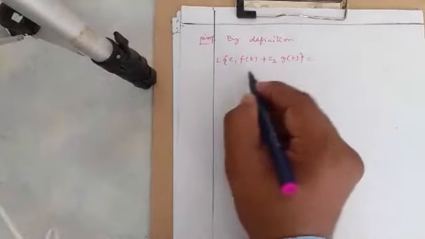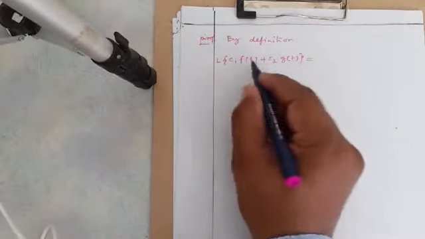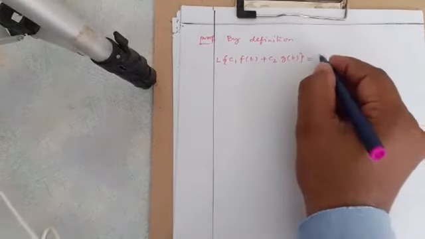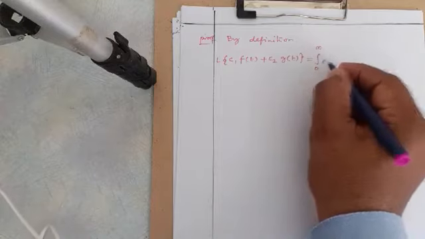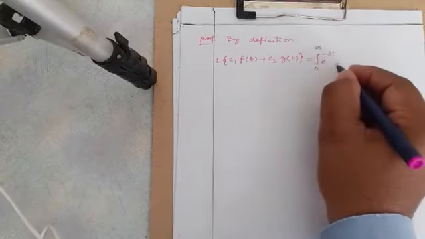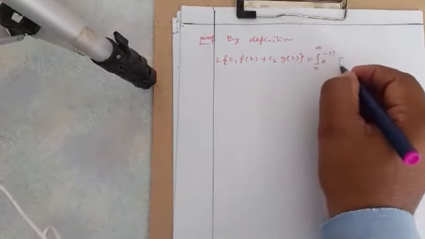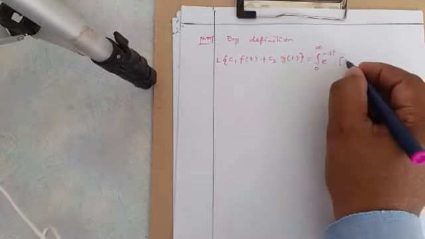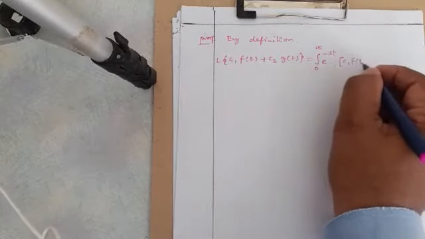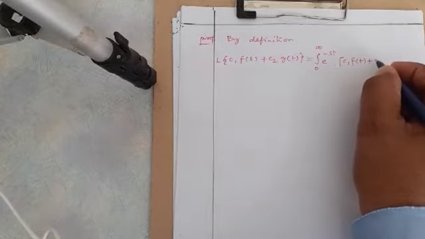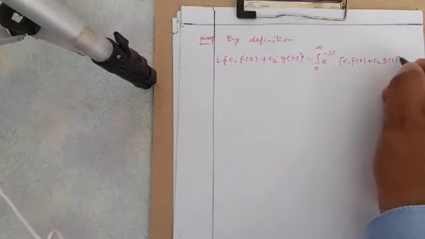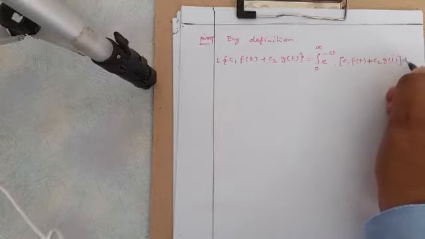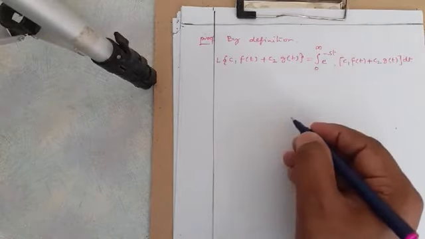Now here this total term is considered as f of t. So we write integral 0 to infinity e power minus st, and then f of t is nothing but c1 f of t plus c2 g of t, close the bracket, dt. This is by the definition.